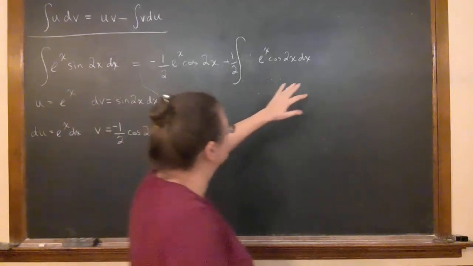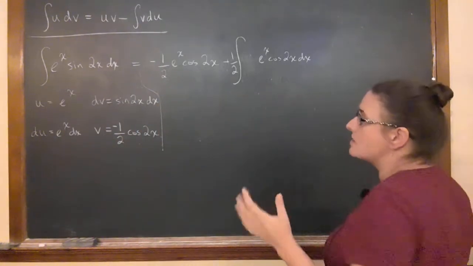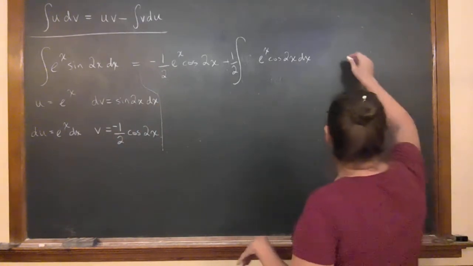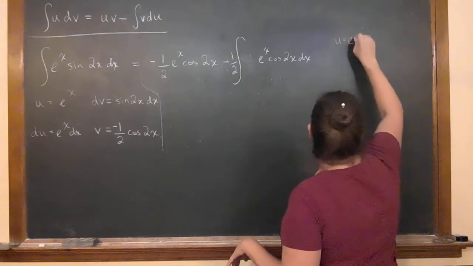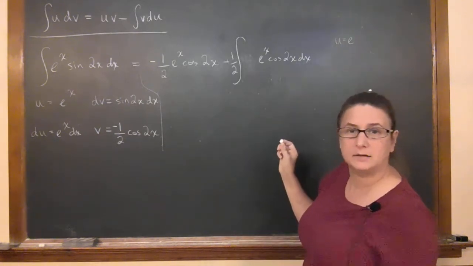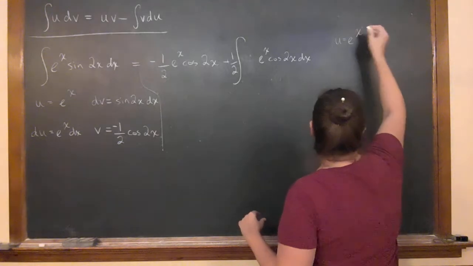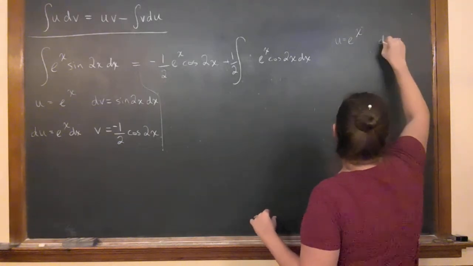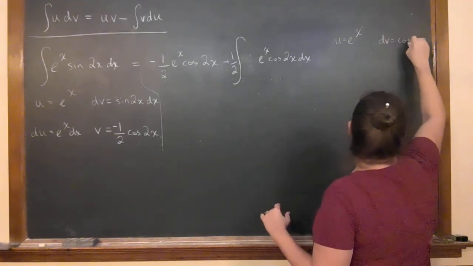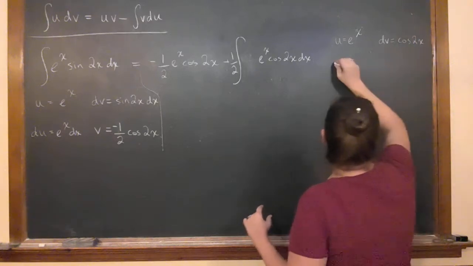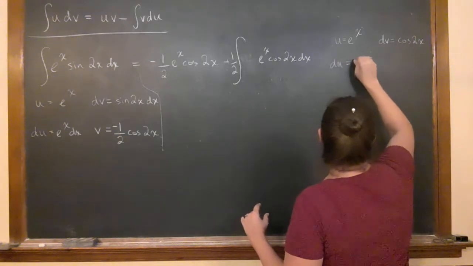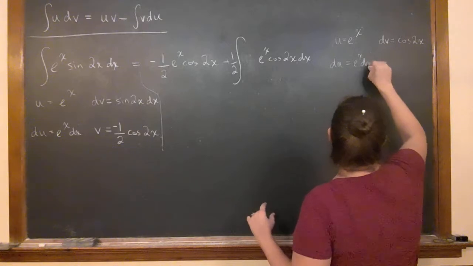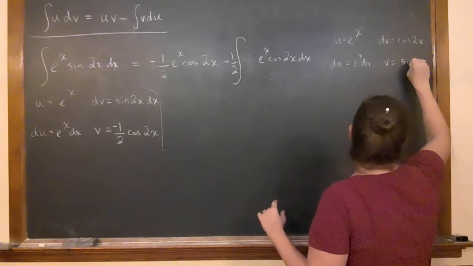Let me write the u's and the v's up here. I want to keep the same pattern as we said. So u is going to be e to the x, and dv is going to be cosine 2x, and then du is going to be e to the x dx, and v is going to be 1/2 sine of 2x.